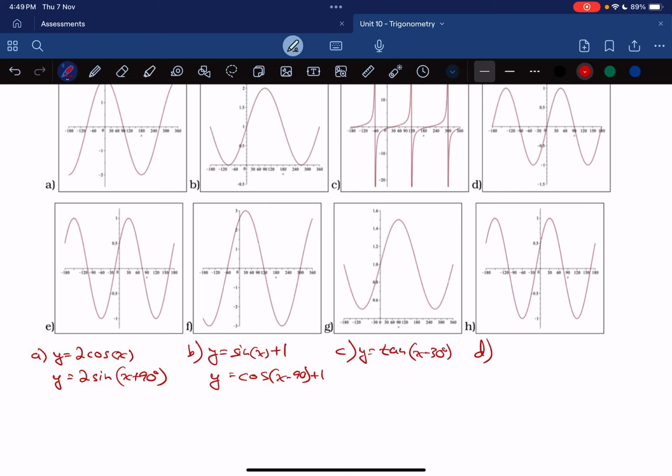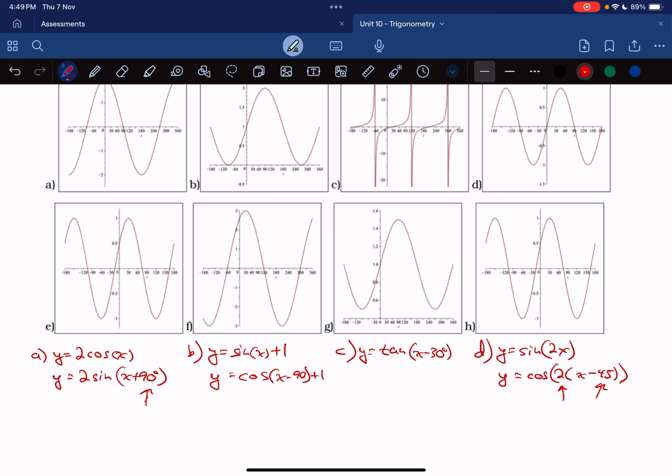And for D, I wrote y is equal to sine of 2x, and y is equal to cosine 2 parentheses x minus 45. So notice, because I have this 2 here, I said earlier that you have to shift 90 degrees in order to change cosine to sine, or the reverse.